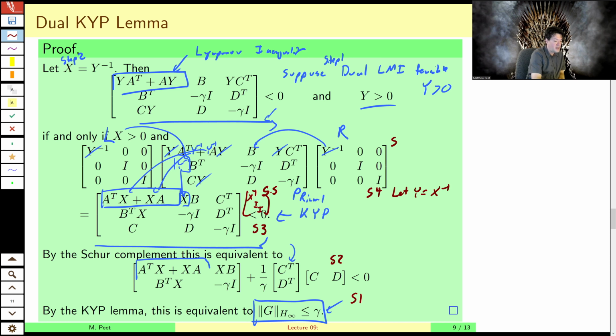And then we get that multiplying on the left and the right equals this, step 6. And because the original LMI was negative definite, step 6 is also negative definite. And therefore, the dual KYP Lemma is necessary and sufficient for the H-infinity norm of the system to be less than gamma. Right.